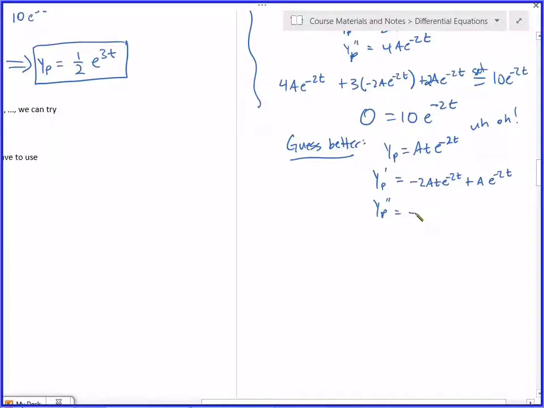All right, positive 4a t e to the minus 2t, plus second times the derivative of the first, minus 2a e to the minus 2t. And then the derivative of this is minus 2a e to the minus 2t. So I get 4a t e to the minus 2t minus 4a e to the minus 2t.